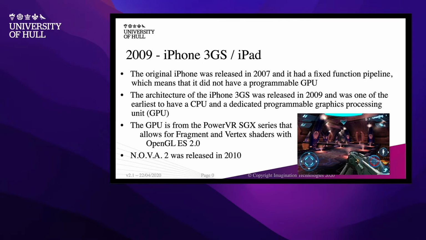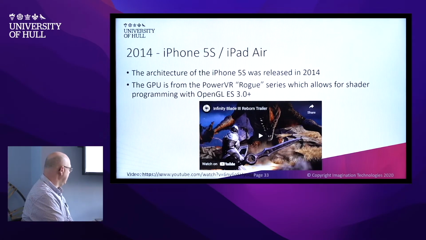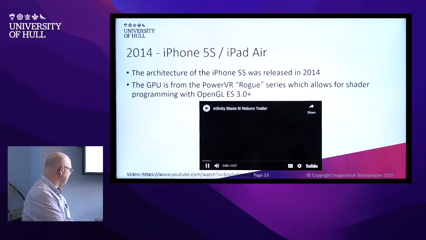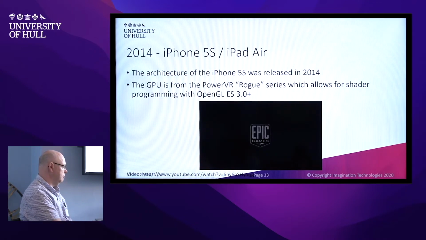Move forward just a little bit. iPhone 5S, and here again, this was the PowerVR Rogue GPU with OpenGL ES 3.0 capabilities. And just as a little demo, let's see one of the games that was actually developed for that.